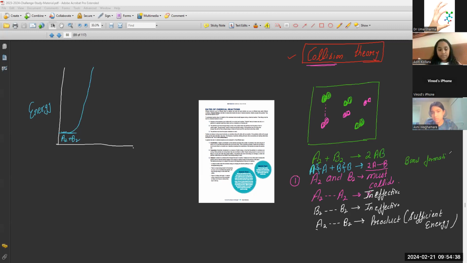Why is it exothermic, Avni? Because nature likes attraction, and when you're forming a bond, it has to do with attraction. So the two atoms are attracting, so it's exothermic because it's releasing energy. She's missing one line.